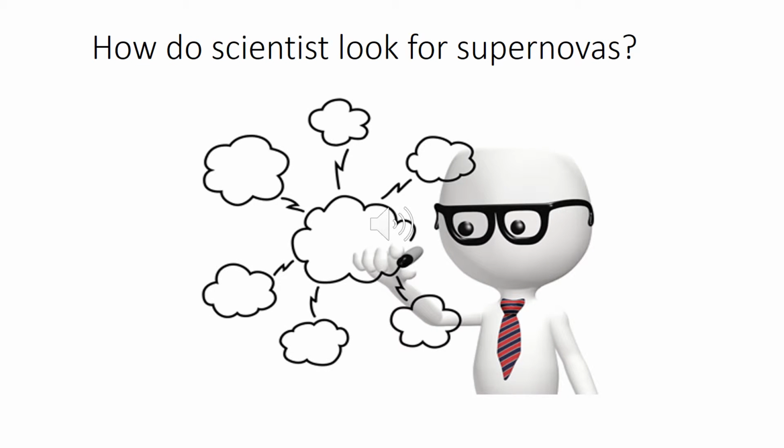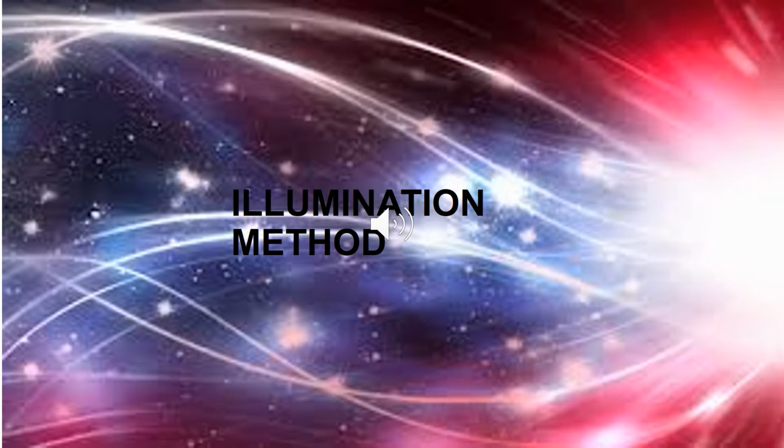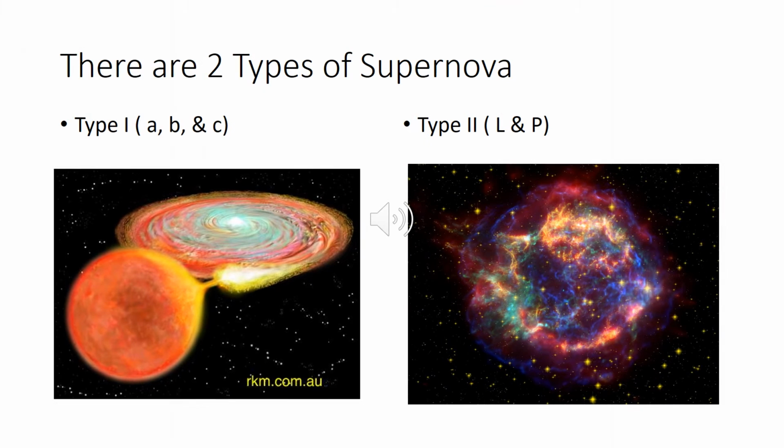So, how do scientists search for supernova? One way is through the illumination method. As stated before, type 1 and type 2 supernovas especially get extremely bright, then fade over time, which reveals its true brightness.